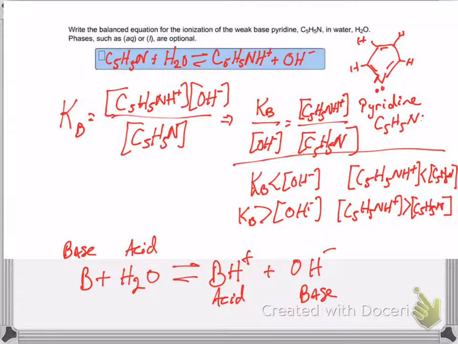So this is, again, something you want to feel very comfortable with: writing Kb, recognizing it, and seeing what the relationship is to OH minus, and correspondingly the pOH, the pH, and what species would be present in greater abundance than the other.